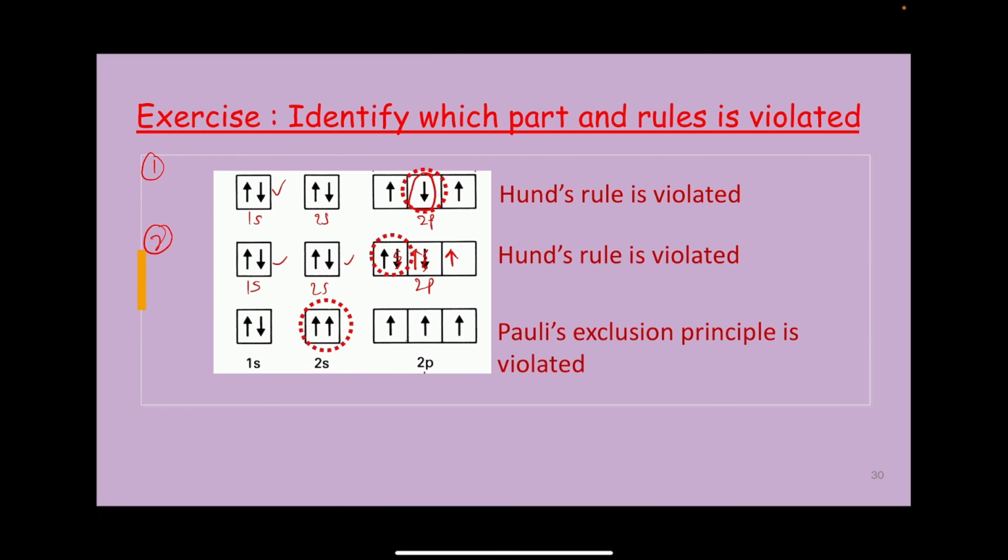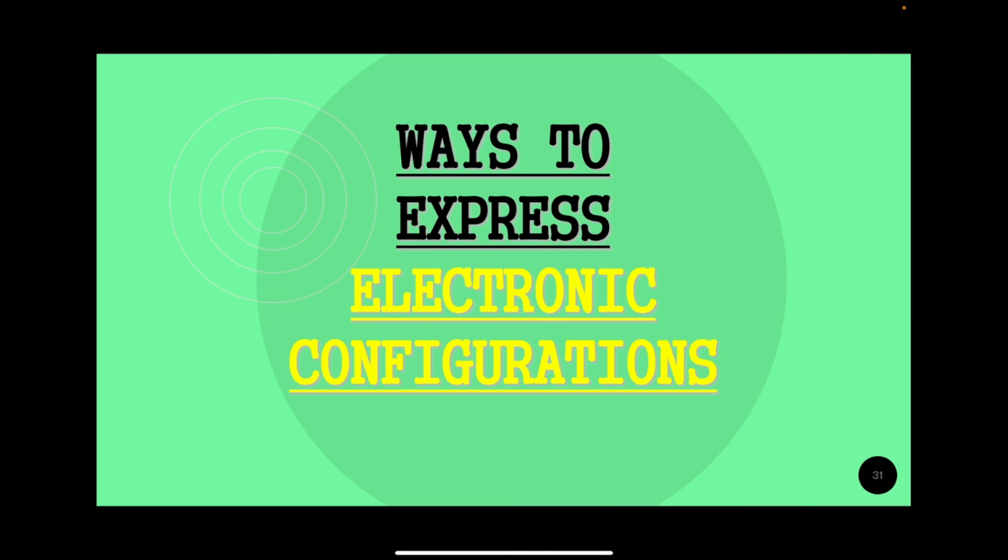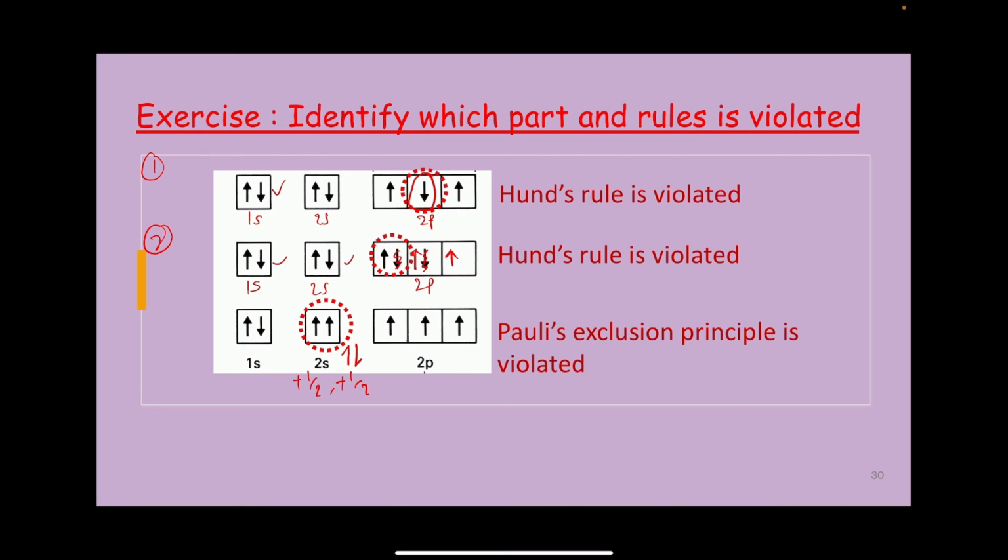And the third one, for the 2s, since it has the same orientation, it disobeys the Pauli exclusion principle. The correct answer is to make it a different orientation, upward and downward. So this is how to draw the electron configuration.